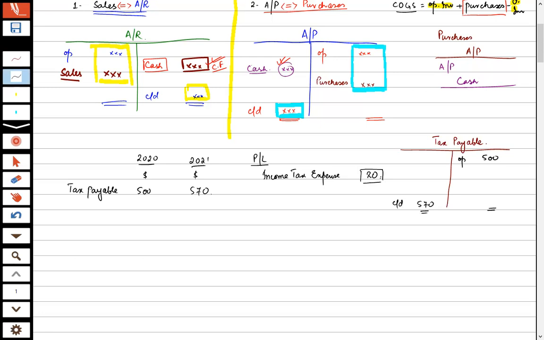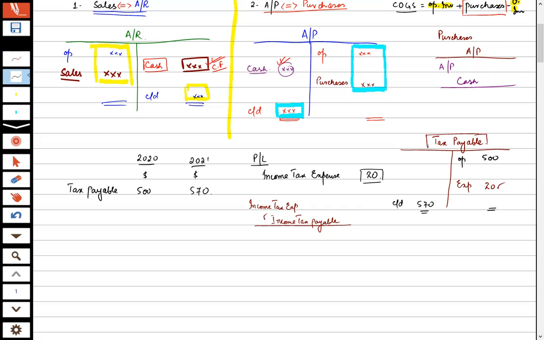Now, whenever an expense arises on the basis of accruals, that is payable. So we make the entry of income tax expense debit and income tax payable credit. So income tax payable credit means this 20 amount will be credited here due to the expense, because we are making the T account of tax payable. According to the entry, income tax payable is being credited.